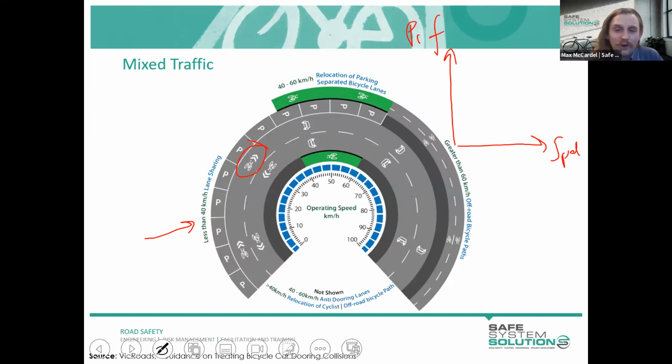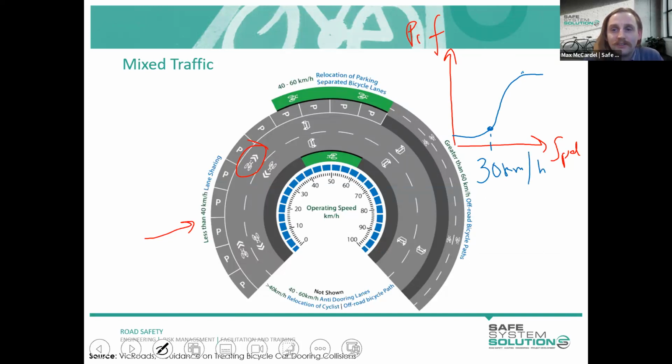The kind of curve or the way that this actually looks like, I'll use a different color just for a bit of fun, looks a little bit something like this, where things kind of get exponentially worse at this point here, which is at the 30 kilometer per hour mark.